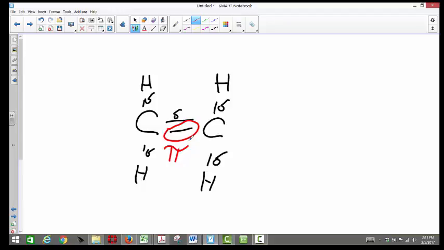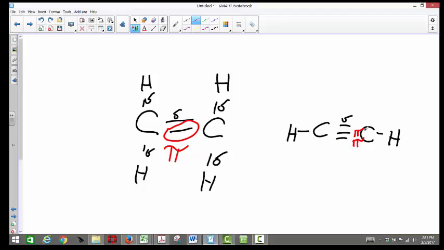That's a different pi. This is a pi bond as opposed to a sigma bond. Any bond that's not a sigma bond is a pi bond. So a double bond is made up of a sigma and a pi. A triple bond is made up of a sigma and two pi's. Okay, there's still exactly one sigma between everything.